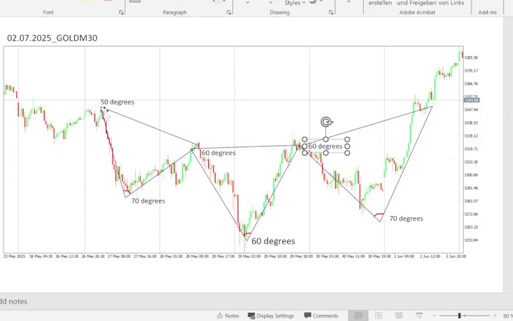I noticed that these first two angles together make always 120 degrees. This means gold tends to move in equilateral triangles. So it moves fast and in a predictable triangle move.